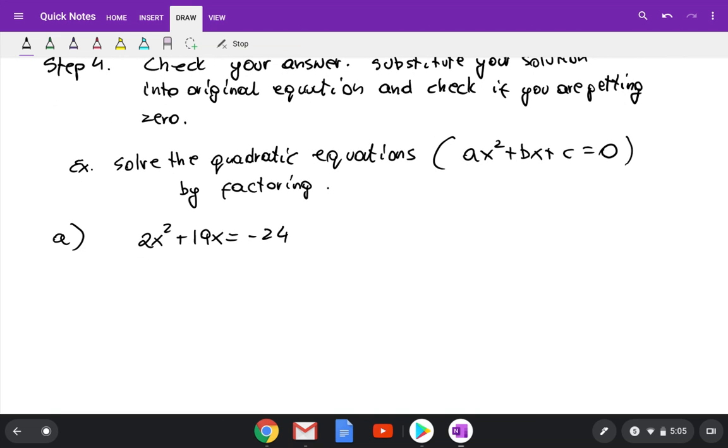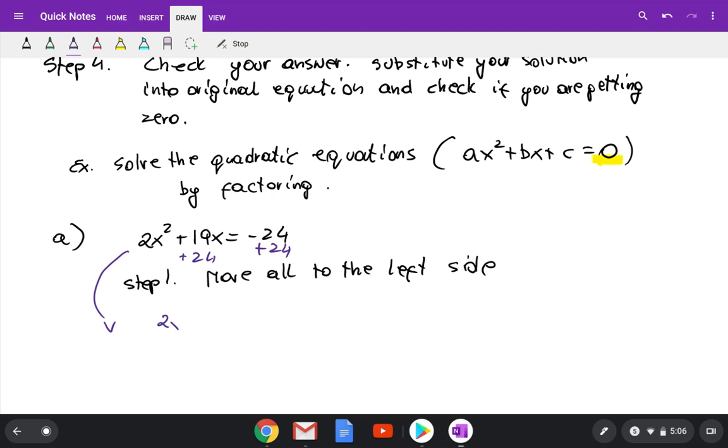So step 1, move all to the left side. To have a quadratic equation, ax squared plus bx plus c equals 0, you always want to have a 0 on the right side, so we need 0 here. To be able to do it, I'm going to add 24 to both sides. So we will end up with 2x squared plus 19x plus 24 equals 0.